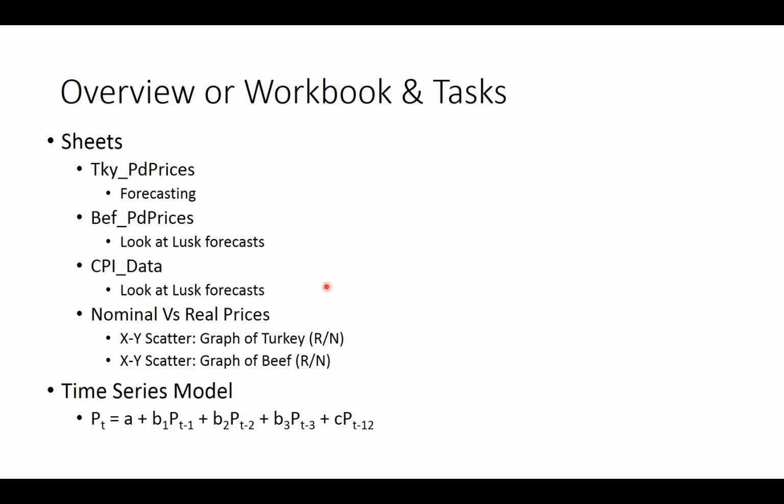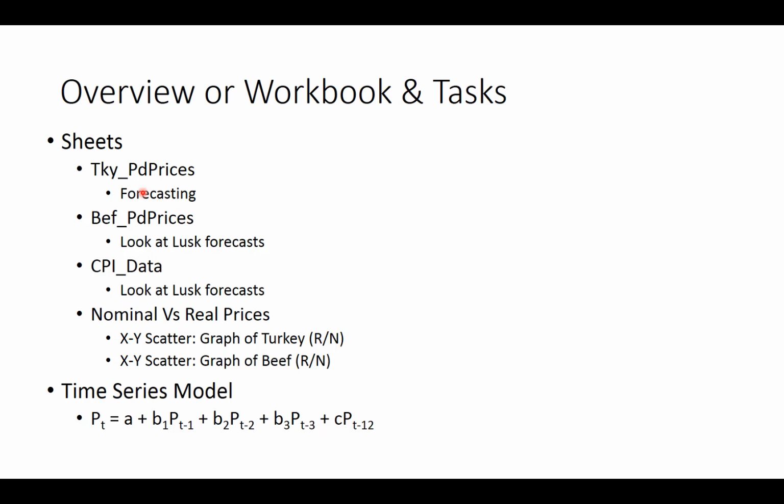So when you open this week's spreadsheet, you'll see that there are 3 sheets available to you: turkey prices by time period, the same thing for beef prices, and then CPI data.